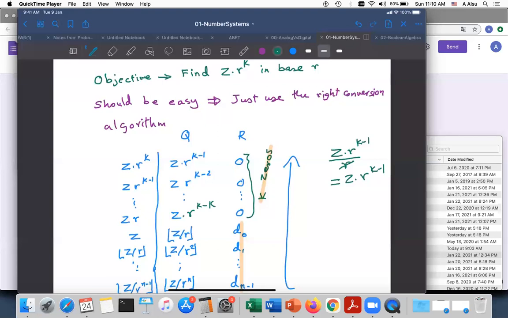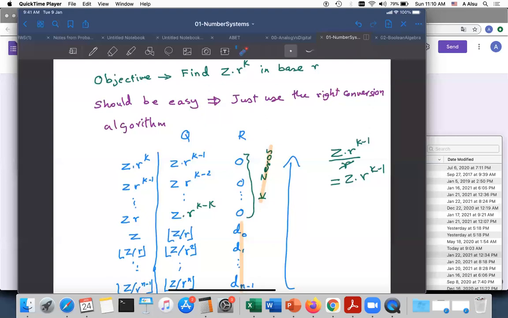And the remainder will be 0 here. So how many zeros do we have here? We have minus 1, minus 2, minus 3, minus 4, all the way to minus k. So we count from 1 to k. So we have k zeros.